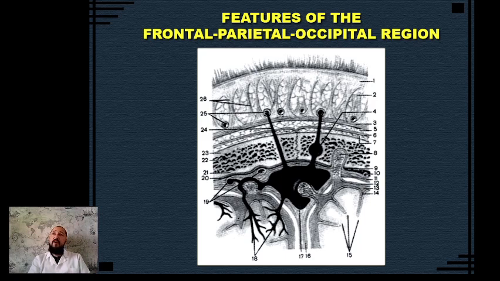Head is a very interesting region at all, and if we take a look at the layer by layer structure of the head and compare, for example, with extremities or neck or thorax, there will be very interesting differences. First of all, as always, the first layer we have is skin with hair or without hair, just as you like.